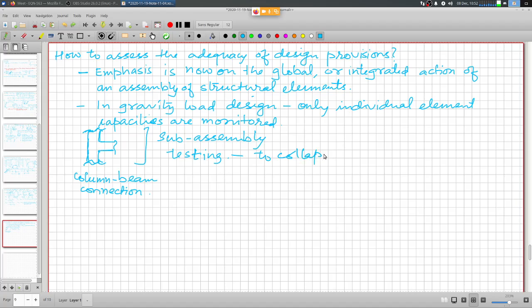To collapse, or I wouldn't say collapse, to ultimate displacement, or even not ultimate displacement, but testing for maximum target displacement.